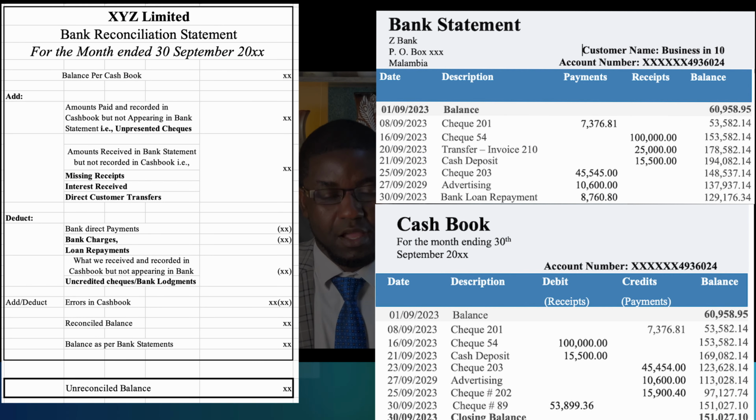Make sure the bank statement and cash book indicate date, descriptions, and amounts received or paid. Verify that the period covered by your cash book and bank statement matches. This ensures you're comparing the same time frame.